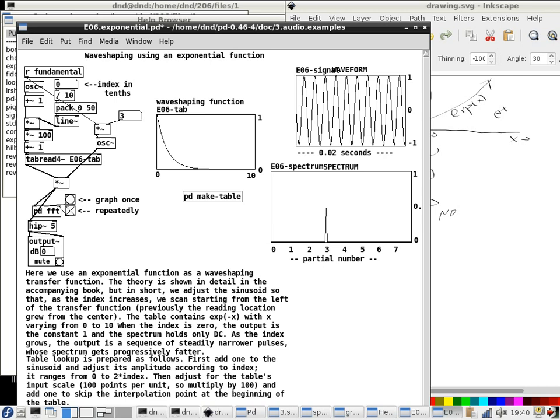So that can be a powerful general synthesis tool for making harmonic spectra. Harmonic spectra are dull, but if you want to make harmonic spectra, this is a powerful way to do it.